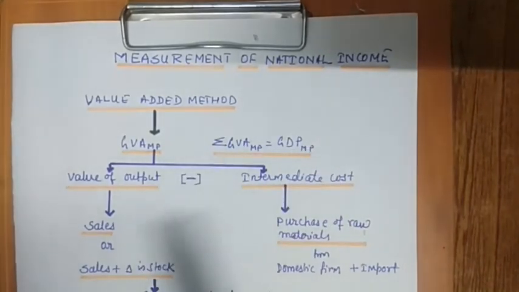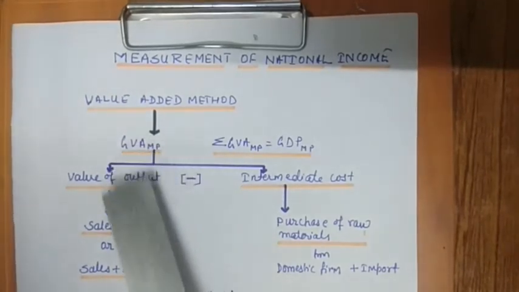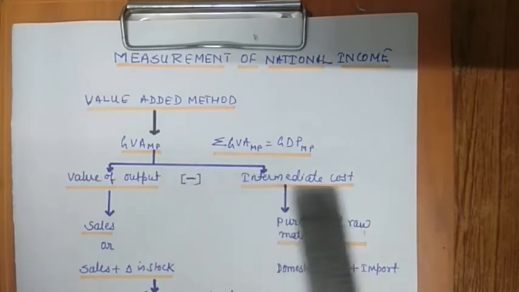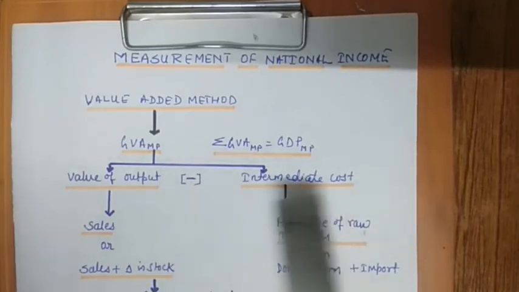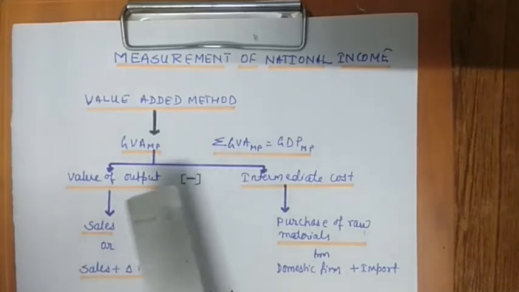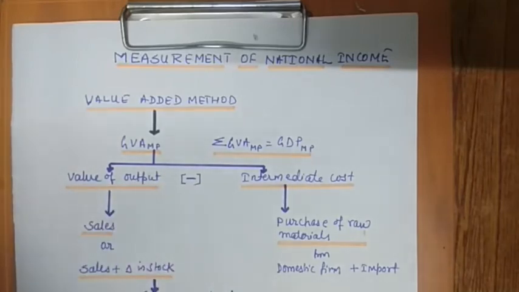Value added or GVA at MP can be calculated by value of output minus intermediate cost. We will take first value of output. Value of output refers to the market value of all goods and services produced during a period of 1 year.